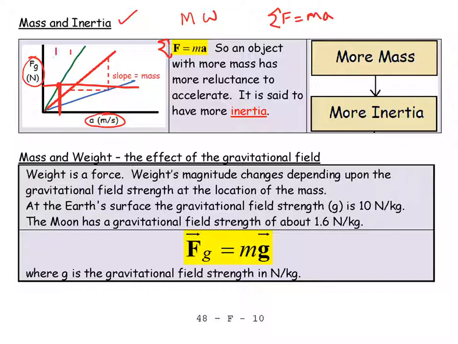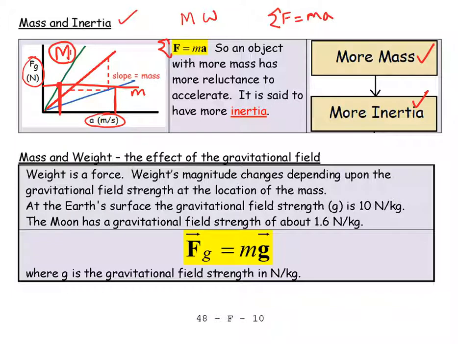So this is big M, and this is an object with little mass, and it accelerates most. This is little m. So an object with more mass has more reluctance to accelerate, and this object with more mass is said to have more inertia. That was a term that I think was brought up by Galileo. Inertia is that tendency to not like change. And so we say more mass gives more inertia.